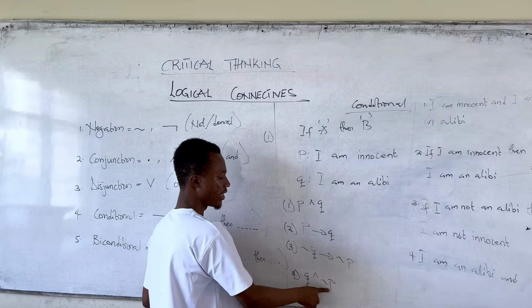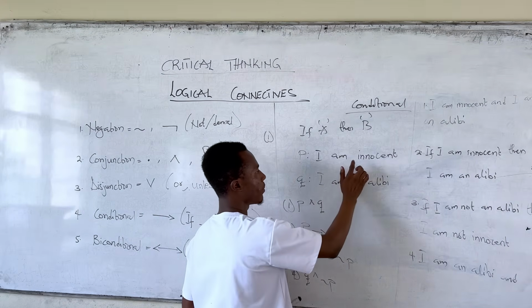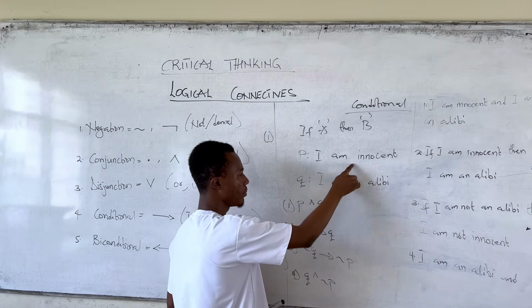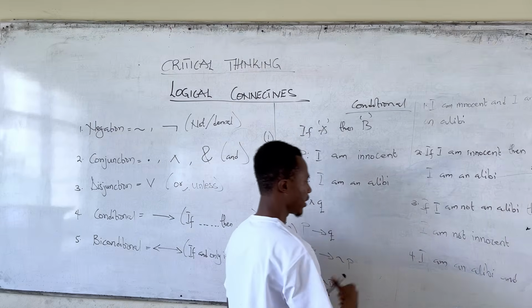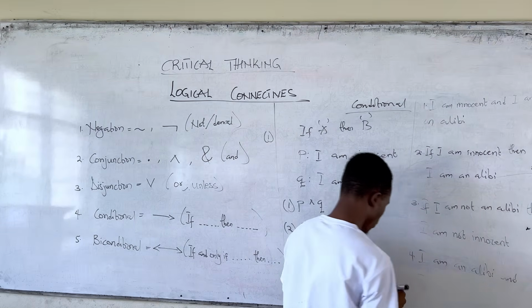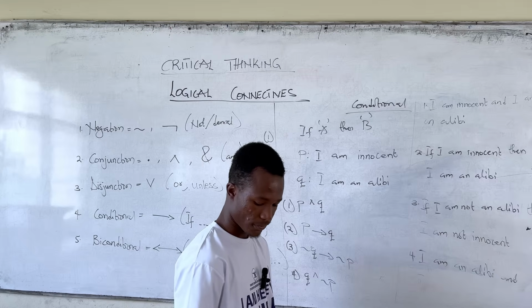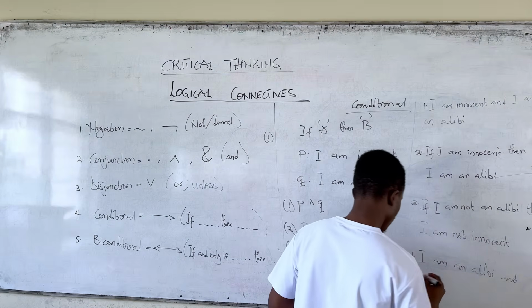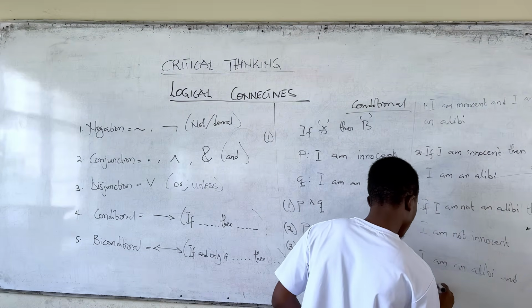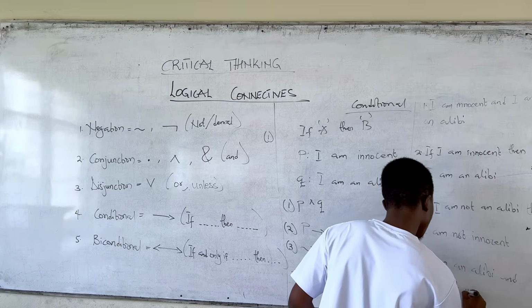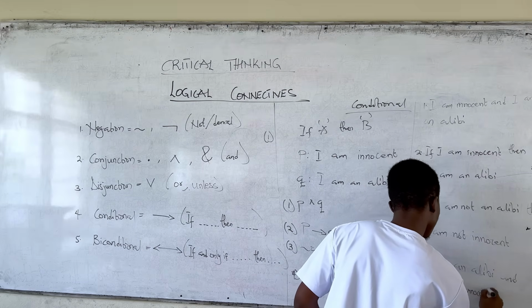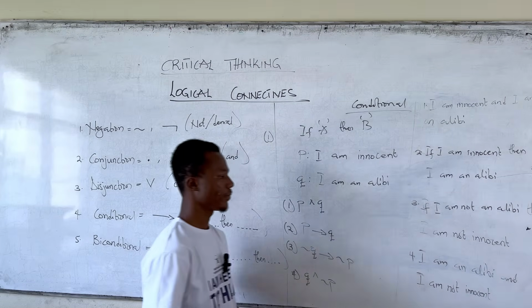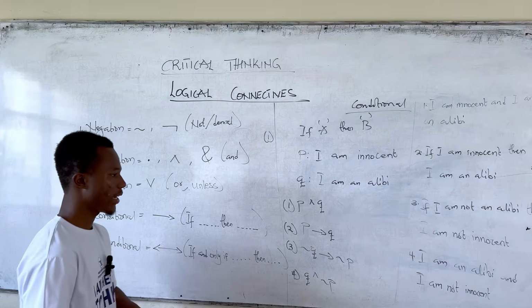This is negation P, and this is P, I am innocent. So negation P becomes I am not innocent. So: and I am not innocent. As simple as that, then we are done.